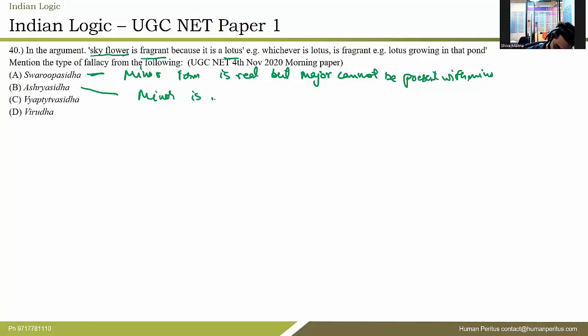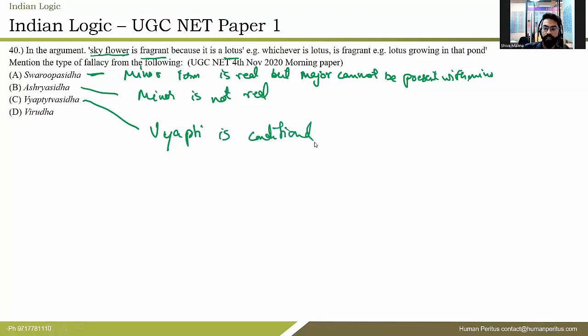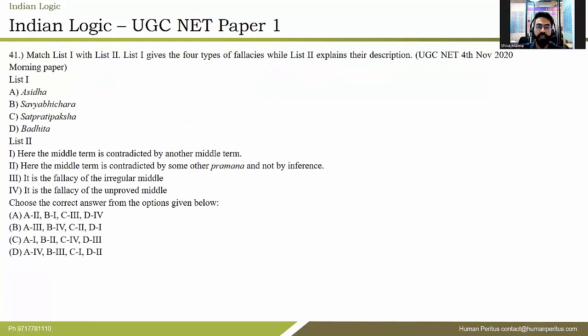Minor is not real. Vyaptava Siddha means Vyapti is conditional in nature. Okay. So the correct answer is Ashraya Siddha, because the minor term which is given in the question, which is sky flower, is not real. Right? Moving on to the next question.